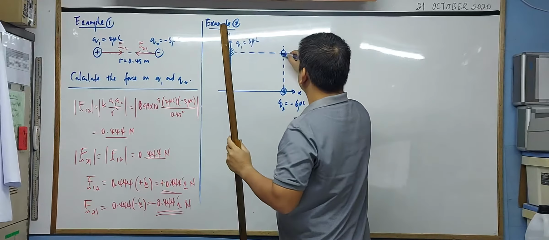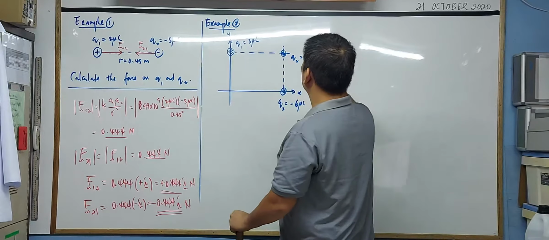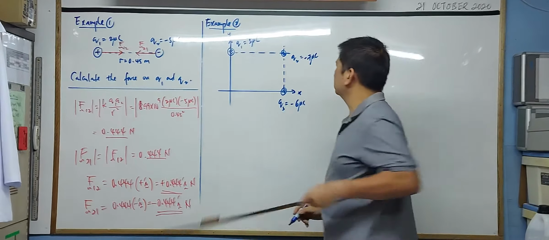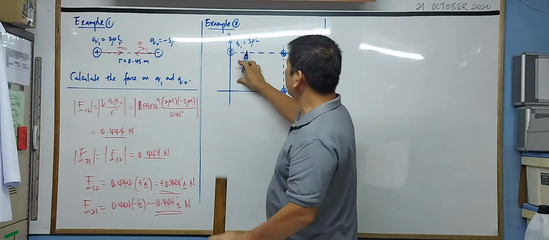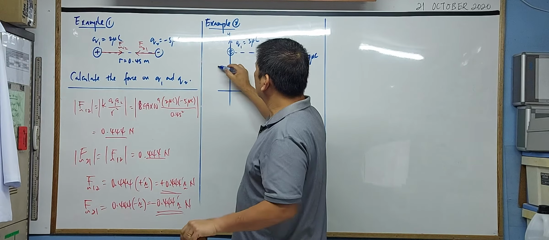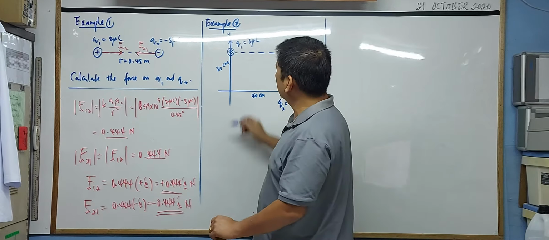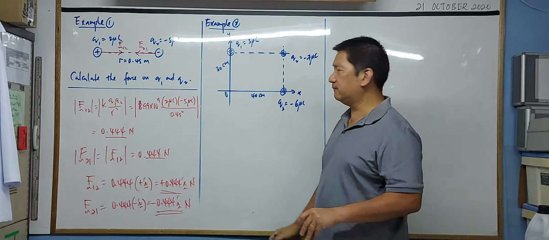This is Q2, the second. Q2 is equal to negative 7 microcoulomb. The information given to you will be the distance between them. So this one is, let's say, 30 centimeter. This one is 40 centimeter. That means from the origin to the charges are 40 and 30 respectively.